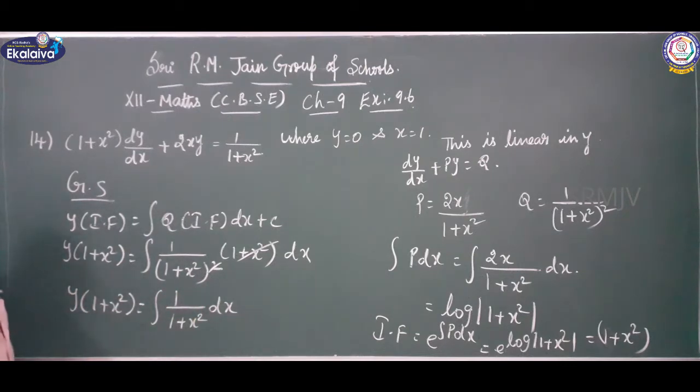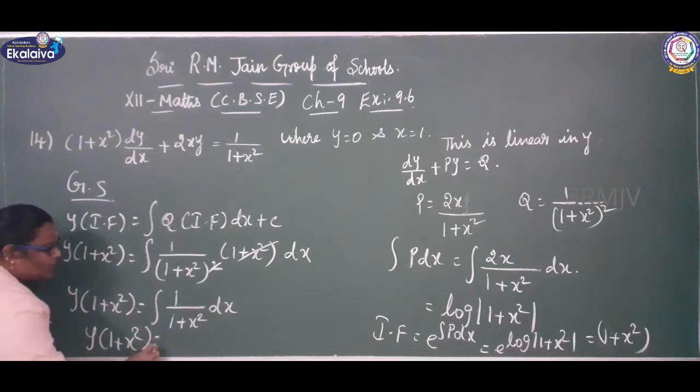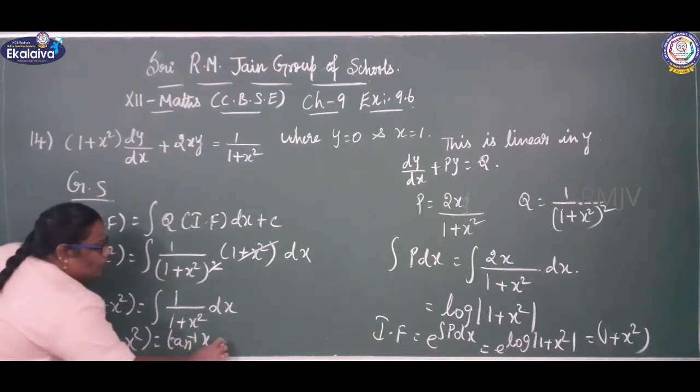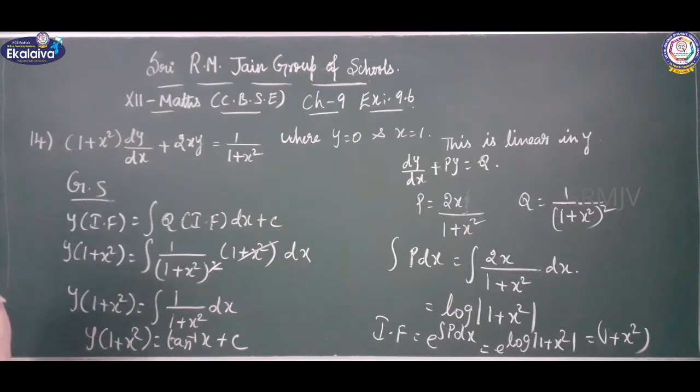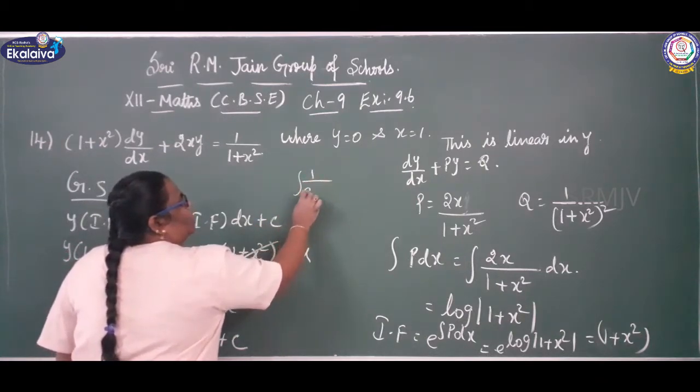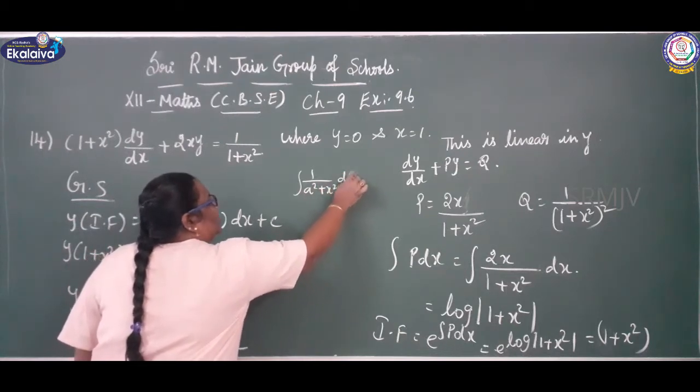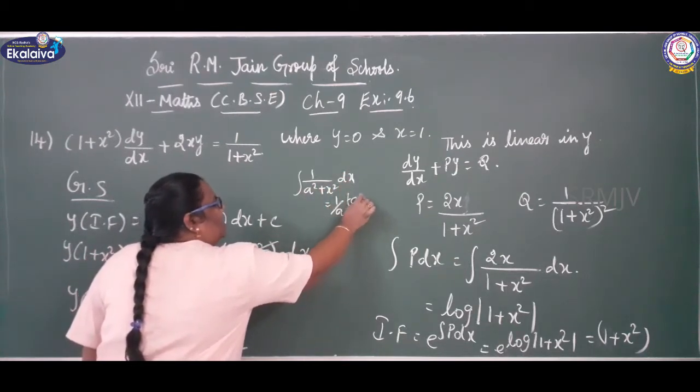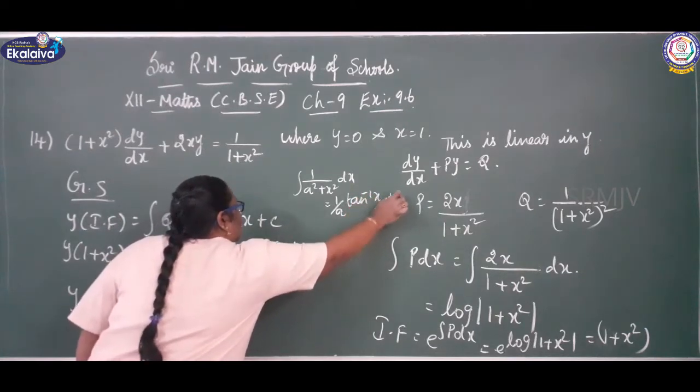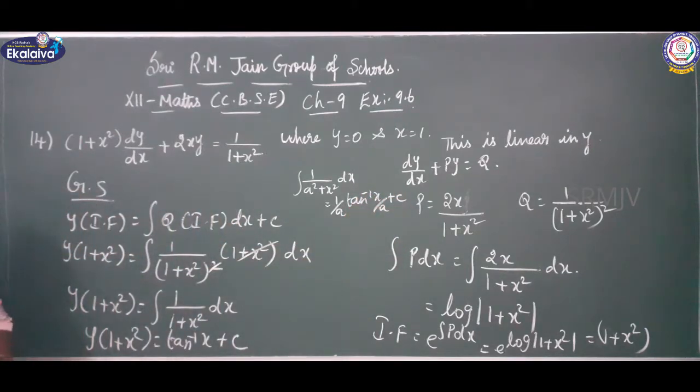It is 1 by a tan inverse of x by a, where a square value is 1, so a is 1. So y into 1 plus x square equal to tan inverse of x plus c. In the place of a you have the value 1, so 1 by 1 tan inverse of x by 1 plus c.